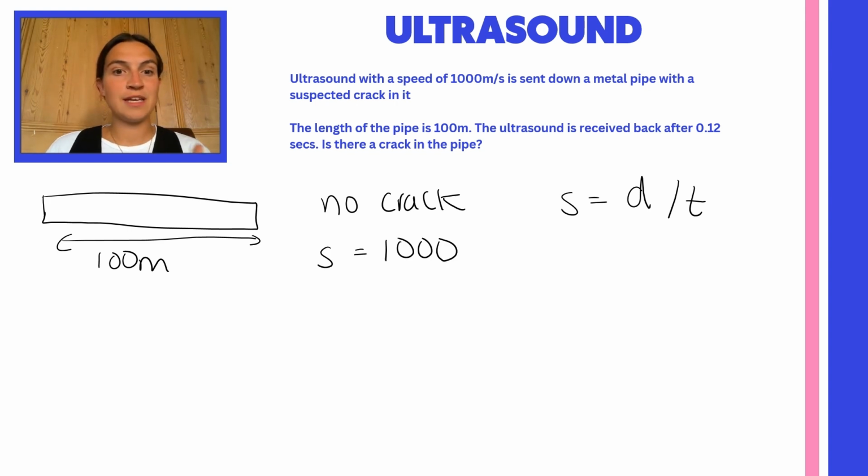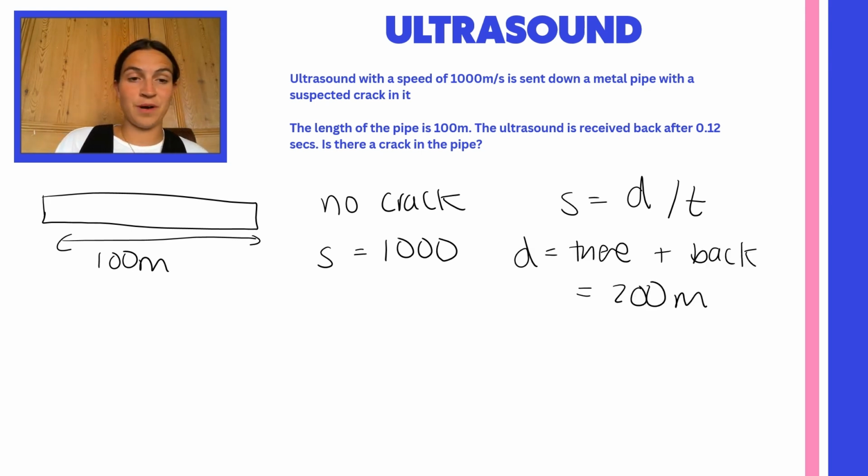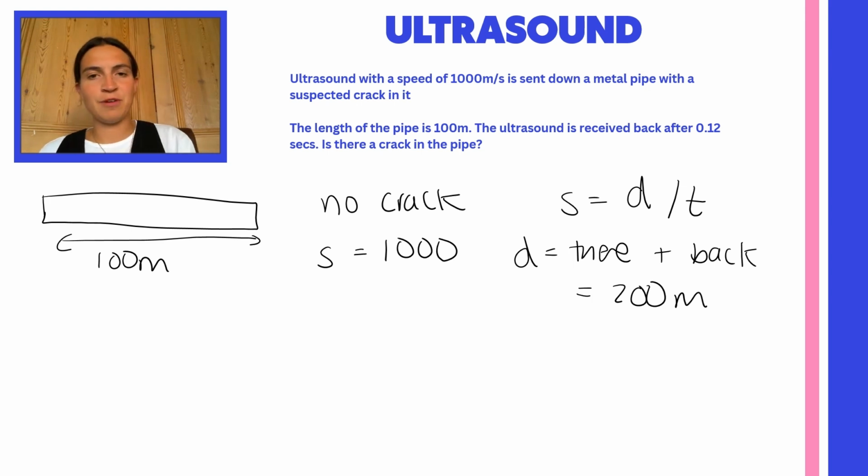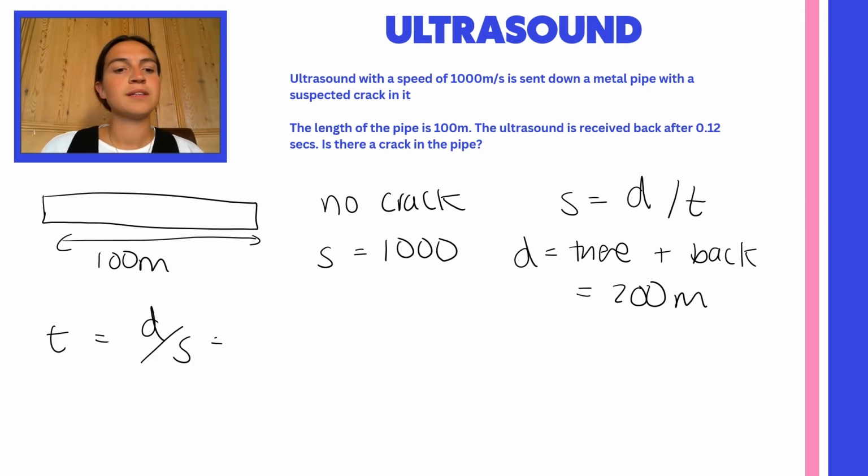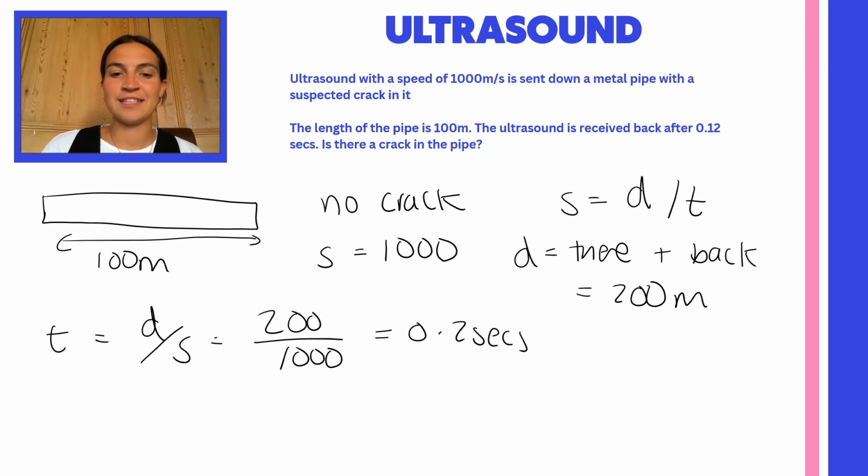My speed given in my question is 1000 meters per second, and my distance is all the way to the end of the pipe and back to be receiving that ultrasound. So it's not just 100 meters, it's actually 200 meters there and back. So the time it would take to send my ultrasound to the end of the pipe and back would be distance divided by speed. 200 divided by 1000 is 0.2 seconds.